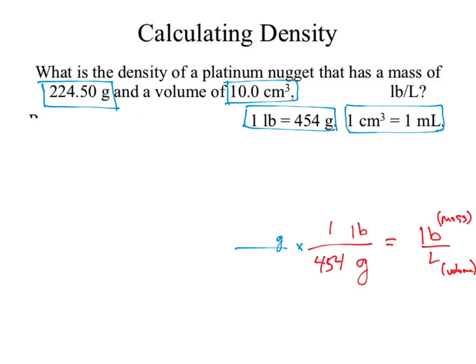Am I given just grams in the question? Yeah, 224.5. Really? Wow, that was awfully nice. 224.50 grams. What's in the denominator? Just 1 because you don't know. If it's 1 because I don't know, 1 is not a don't know. What is a don't know? A question mark. 1 means you do know.